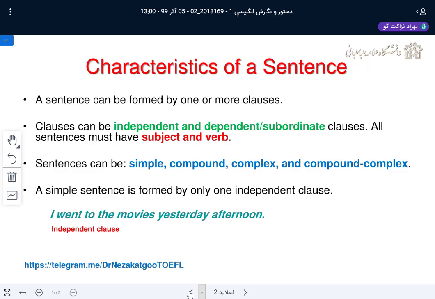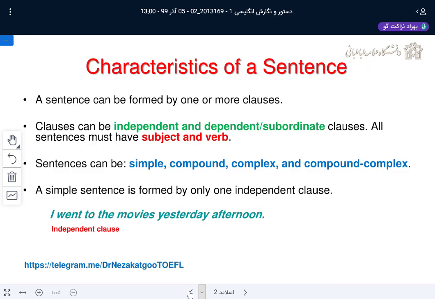And then we talked about the bare bones structure of a sentence: subject, verb, and complement or complements, and the complements were optional. Then we classified the sentences either by purpose or by structure.